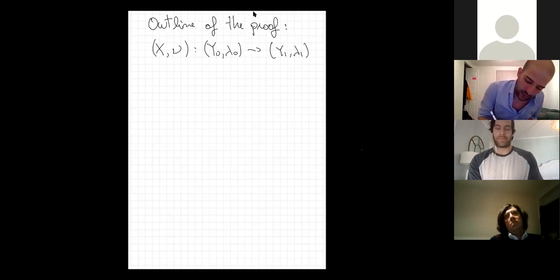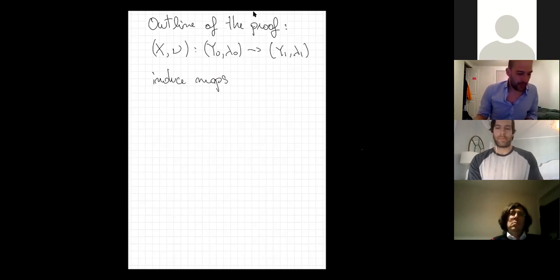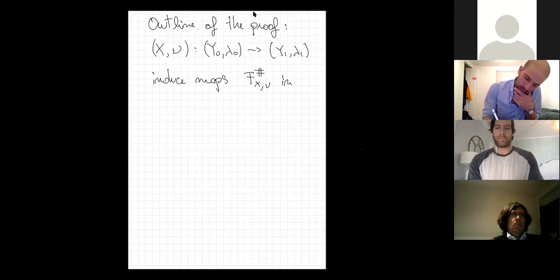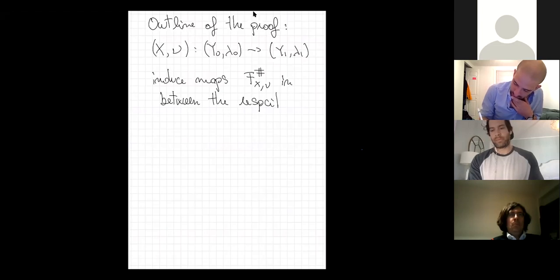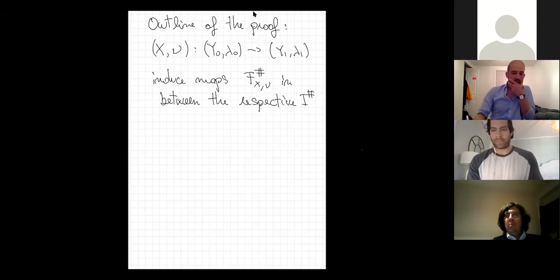These induce maps, which I'm going to denote by F sharp X nu between the respective I sharps. And furthermore, exactly like in Heegaard Floer theory, one has an exact triangle.